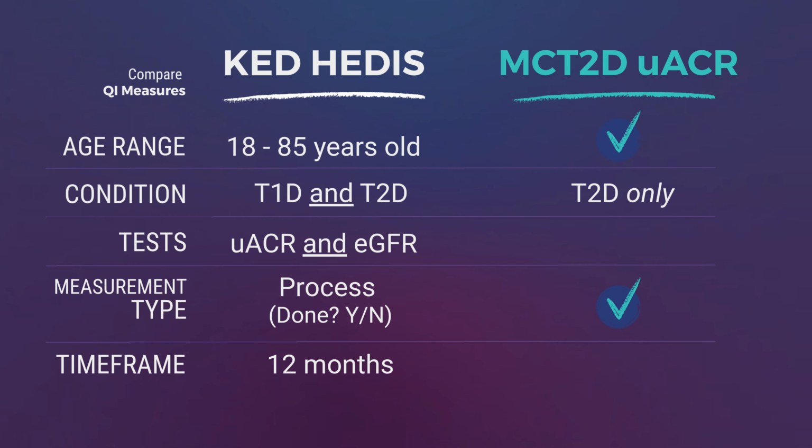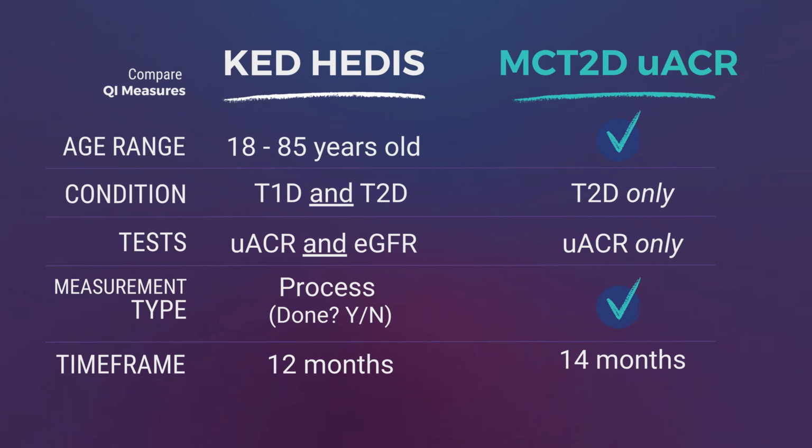However, in contrast to the HEDIS measure, the MCT2D uACR performance measure focuses only on uACR. It does not look for an eGFR. It only looks at a subset of patients with BCBSM, BCN, BCBSMA, or BCNA insurance due to data availability, and it uses a 14-month performance period rather than a 12-month period to allow for a 2-month buffer getting patients in for follow-up appointments.